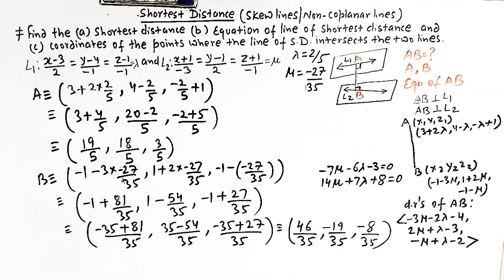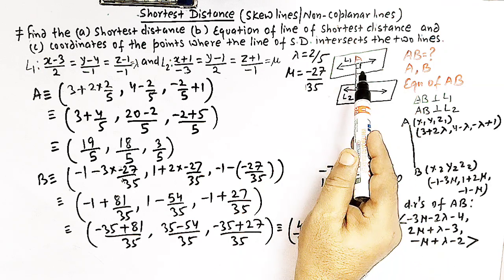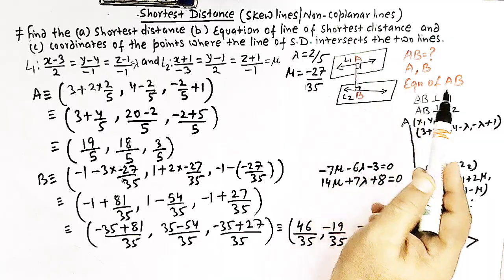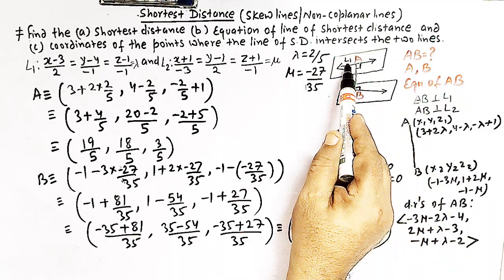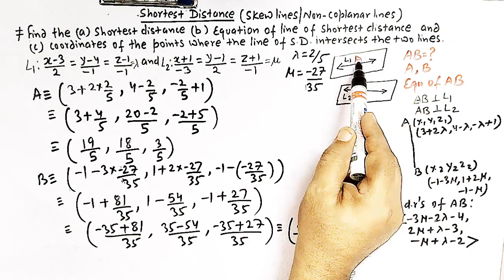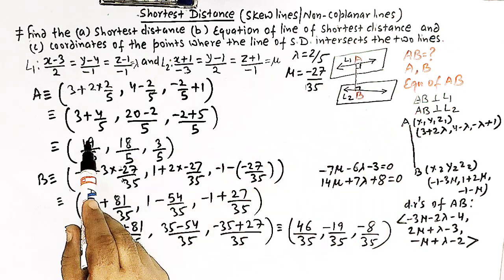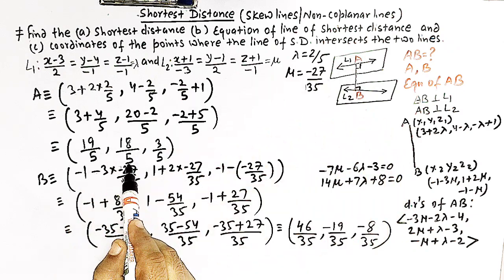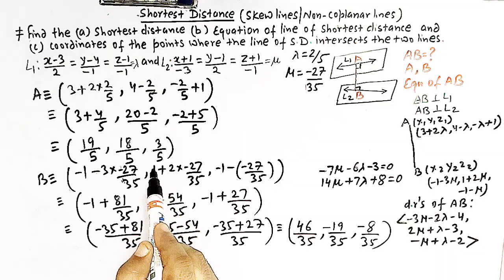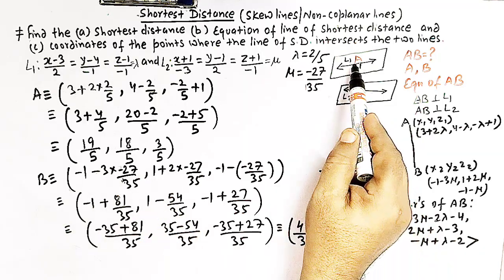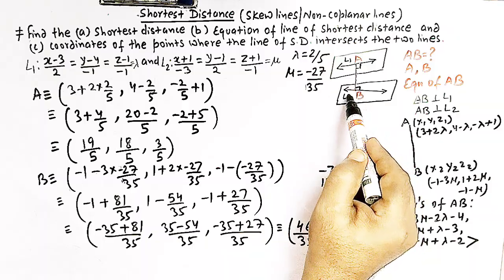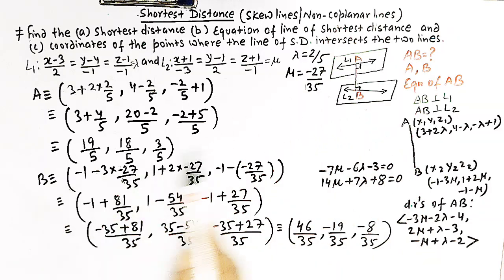So viewers, the point of intersection of the shortest distance with this line L1, the coordinates of point A, are given by 19 over 5, 18 over 5, and 3 over 5. And the point of intersection of the line of shortest distance with this line L2, the coordinates of point B, are given by these three numbers.